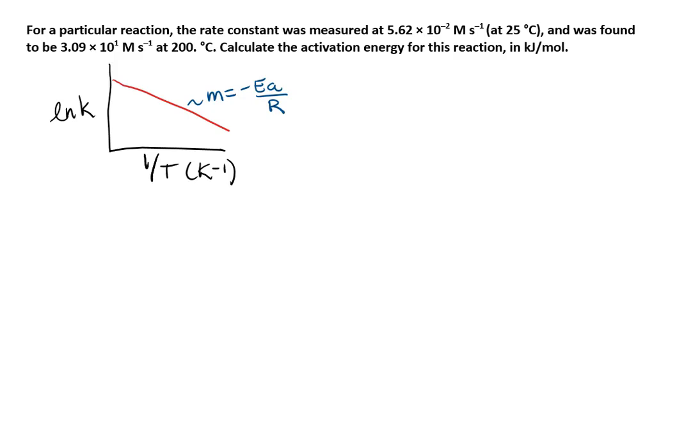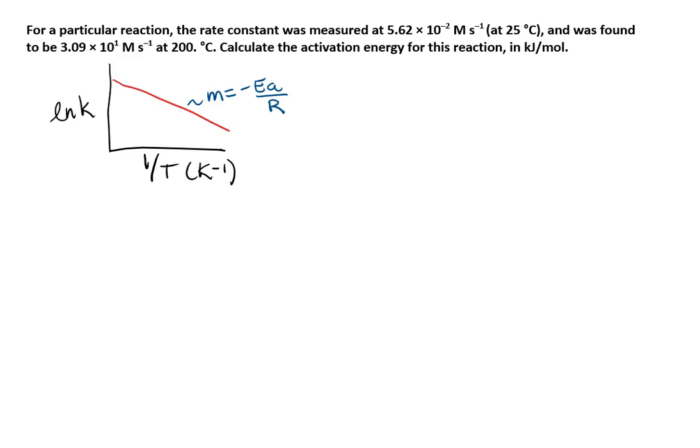We can do something similar if we are given 2 data points, and in that case we will construct a 2-point slope and then do the similar calculation to arrive at the activation energy.